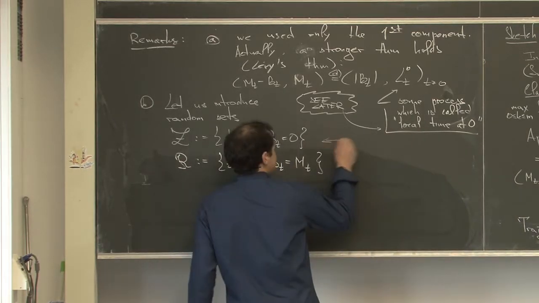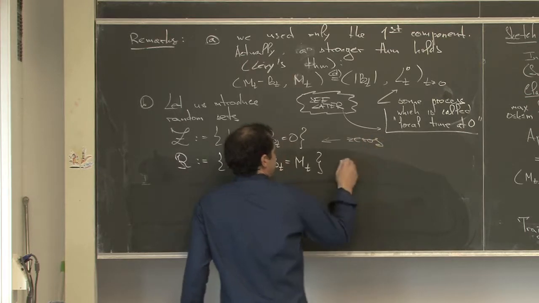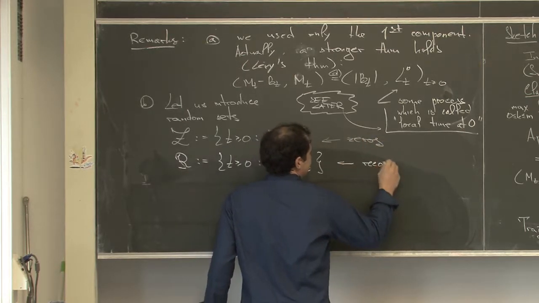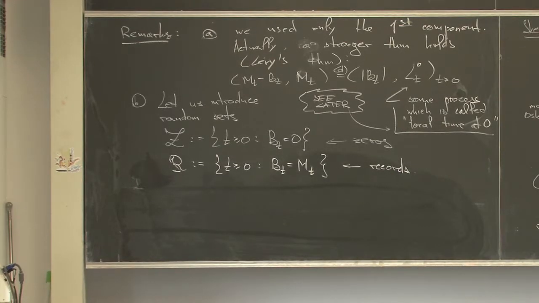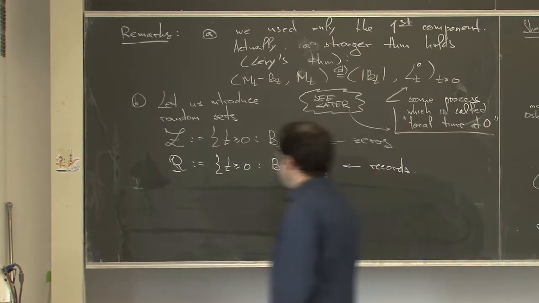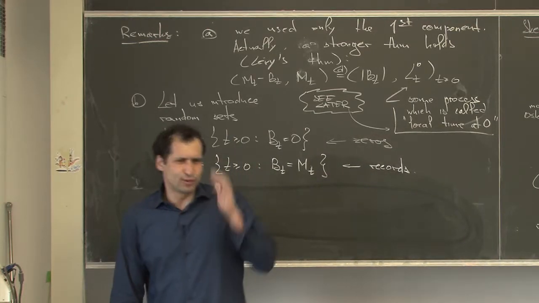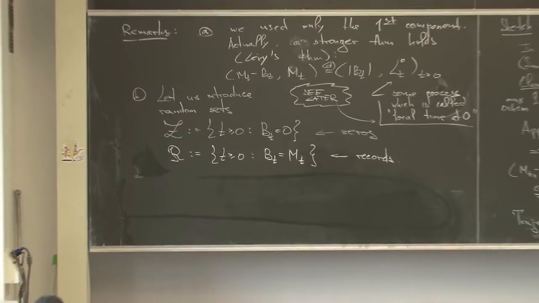So those are just zeros, and those are what people call records. This is a time when we set a new record.